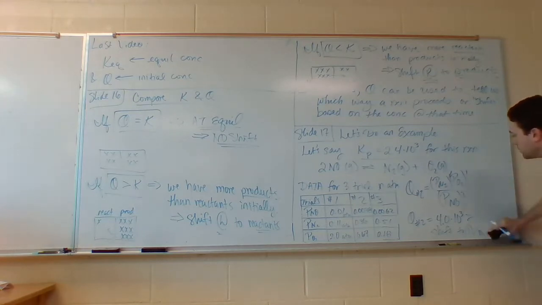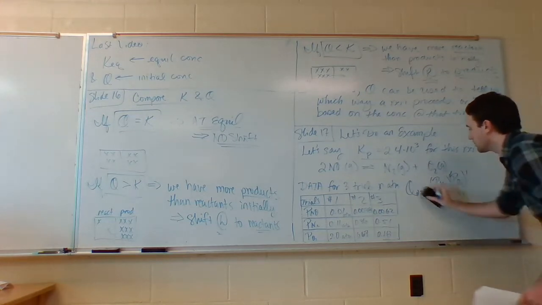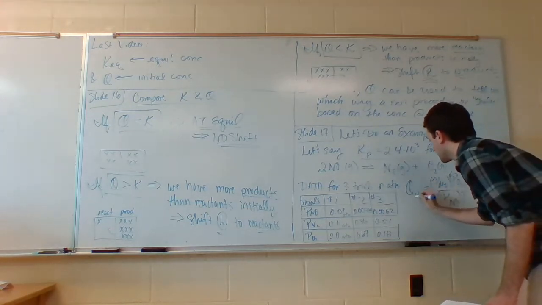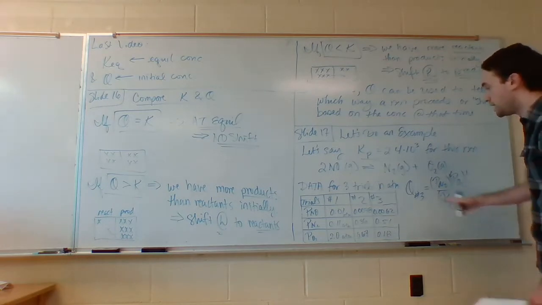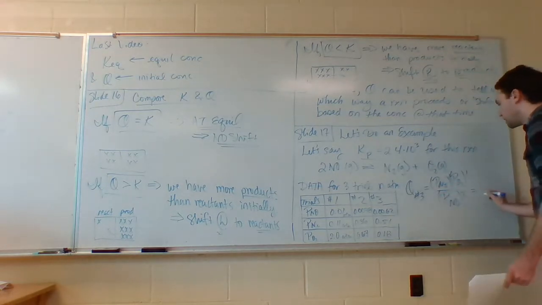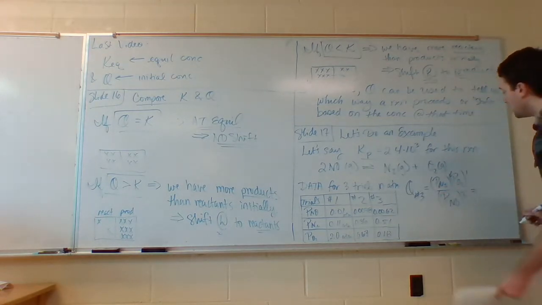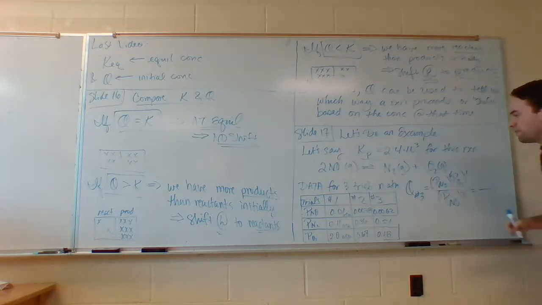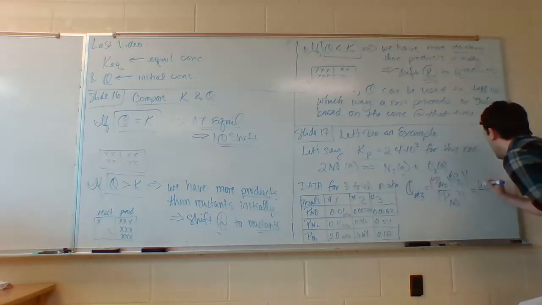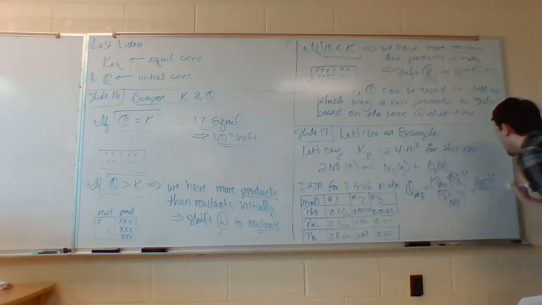Trial 3. All right? Again, the Q expression doesn't change, but our initial concentrations or partial pressures do. So I'm just going to plug in those numbers. Notice that we plug in our P for our nitrogen, which is 0.51 raised to the first.